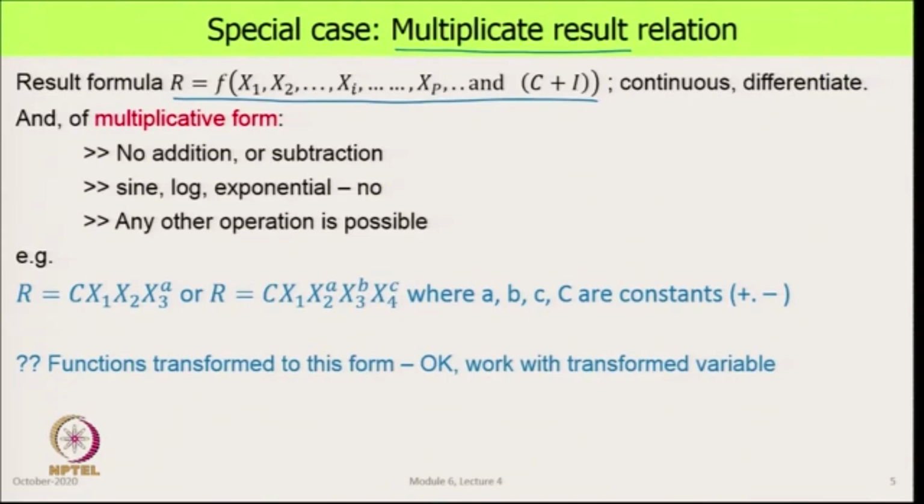Now, we put a restriction that if the formula is such that it has no addition and no subtraction, so x 1 plus x 2 as a formula, this is out.